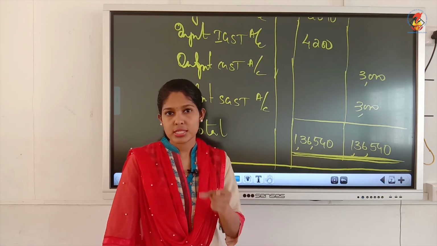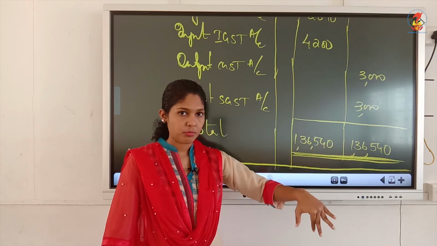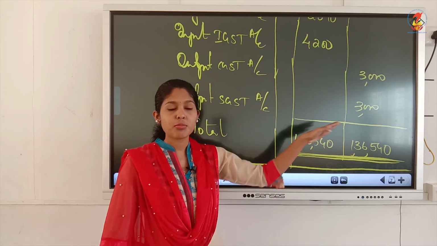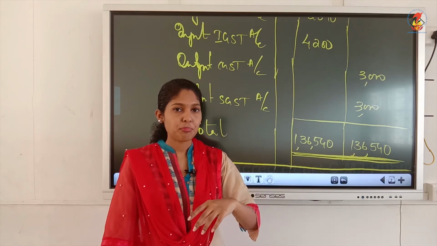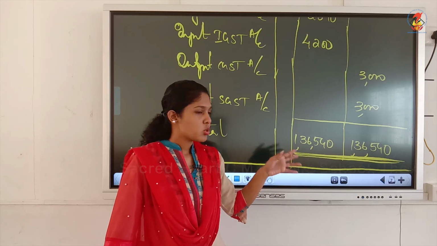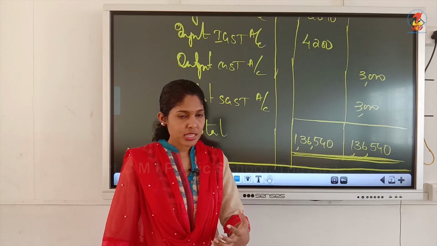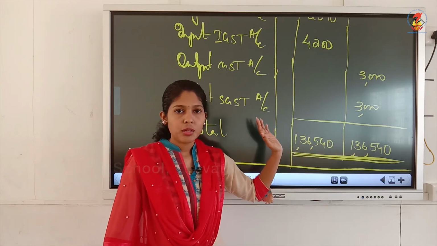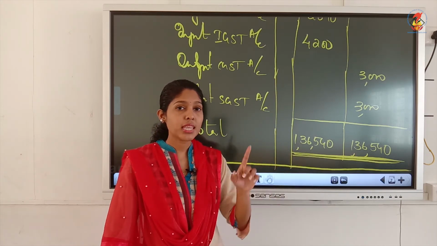But only to a certain extent, because even when you get both sides equal, there are chances for certain errors which cannot be identified from this trial balance. We will be discussing such errors in a chapter called rectification of errors. You have to study that chapter. At that time we will discuss in detail, but only to a certain extent we can say that this is free from errors when both these balances are equal.